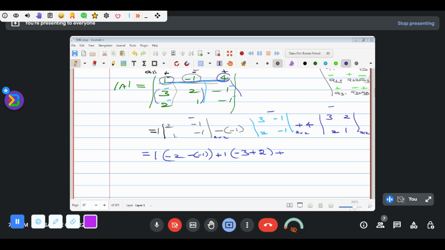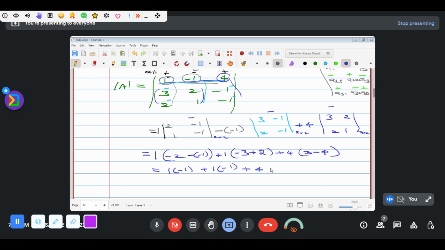Next one, plus 4. 3 into 1 is 3, 2 into 2 is 4, therefore minus 4. So the result: 1 into minus 2 plus 1 is minus 1, plus 1 into minus 3 plus 2, which means minus 1.